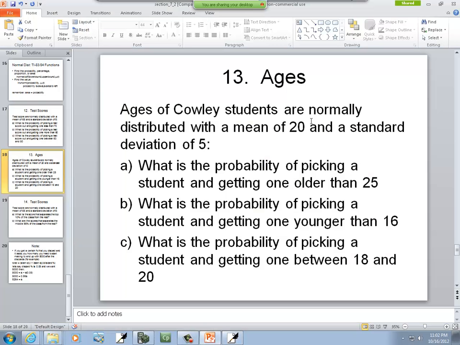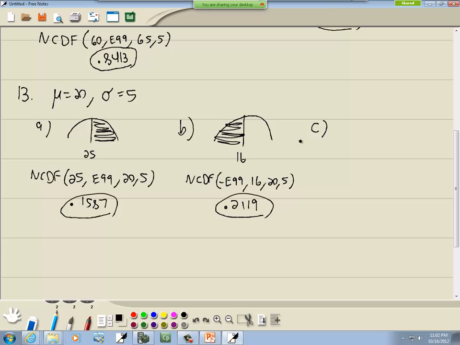Now C. What is the probability of picking a student and getting one between 18 and 20? So between 18 and 20. We'll do normalcdf, our lower bound, which is 18, our upper bound, which is 20, of our shaded region. Then our mean, which is 20, and our standard deviation, which is 5.